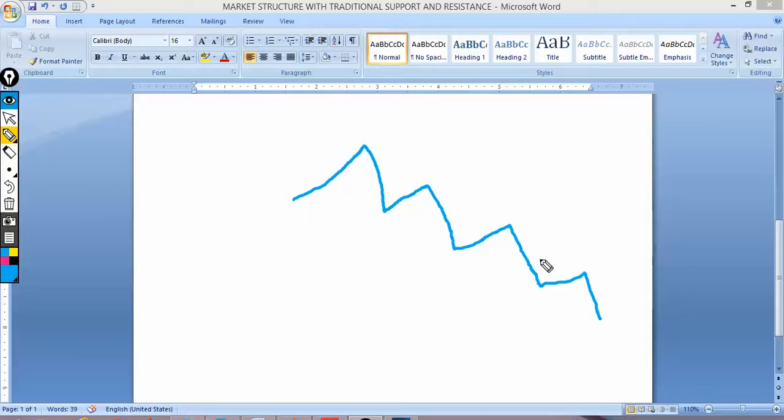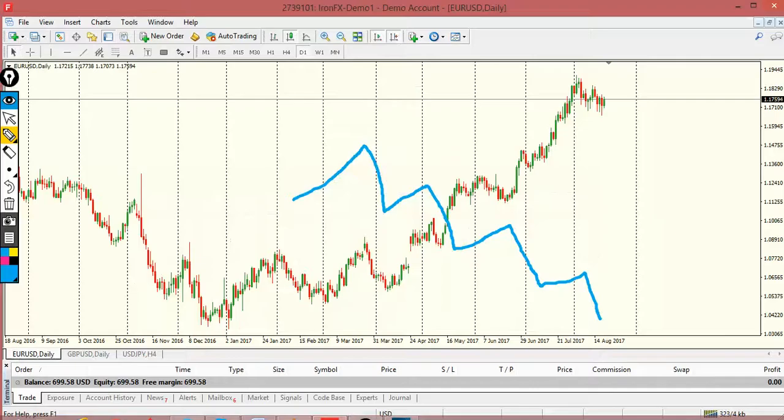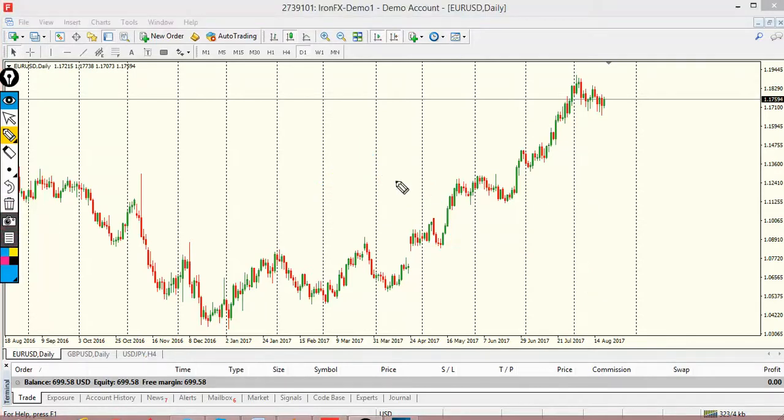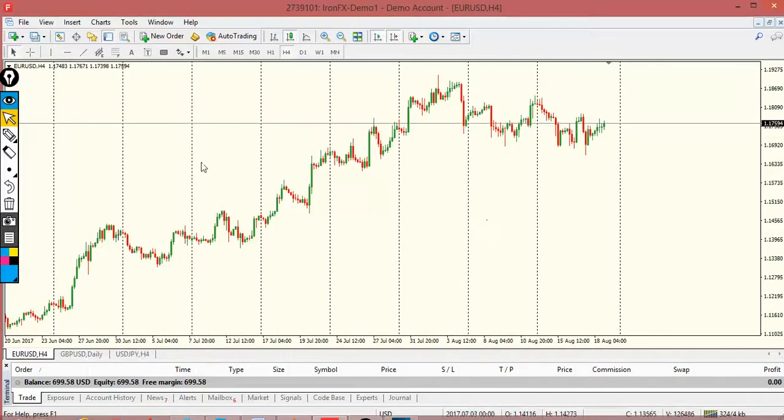Let me quickly go into the chart and label them well. You can have some text edit tool there for us to label them well. Okay, so now I can draw. Okay, so I want to use this to draw the uptrend for us.